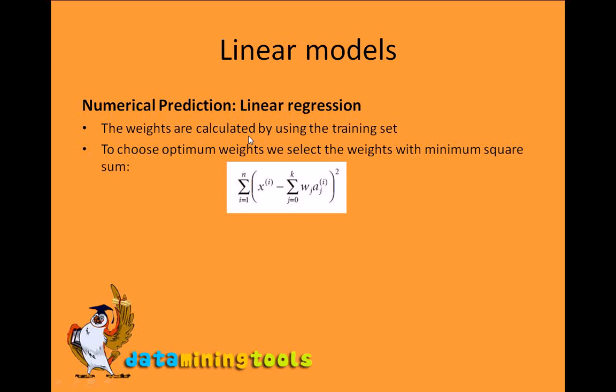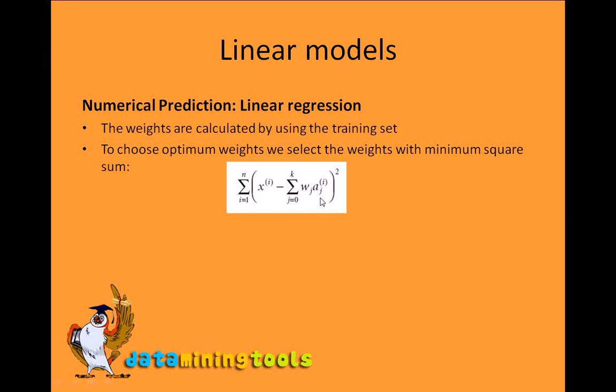The weights are calculated by using the training set. They involve some matrix operations which we won't be covering over here, but the criterion used to choose the optimum weights is that we try to minimize this sum of squares. Here x raised to the power i is basically the actual value of x in the instance i, and this summation is the predicted value.